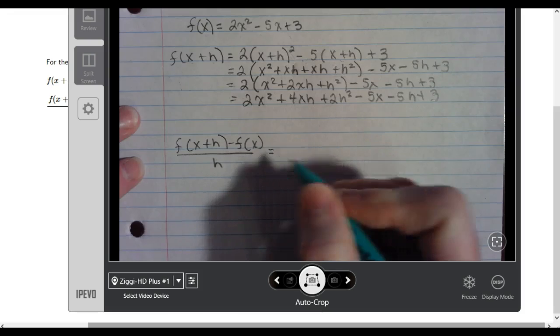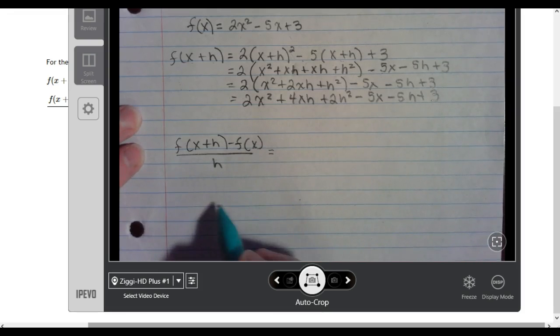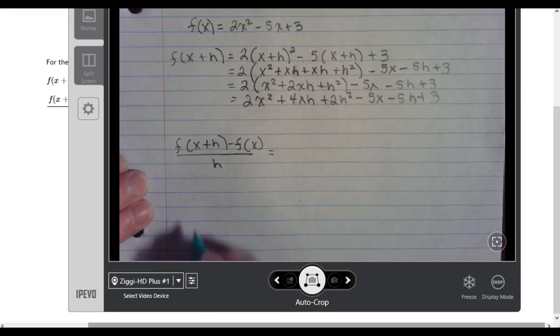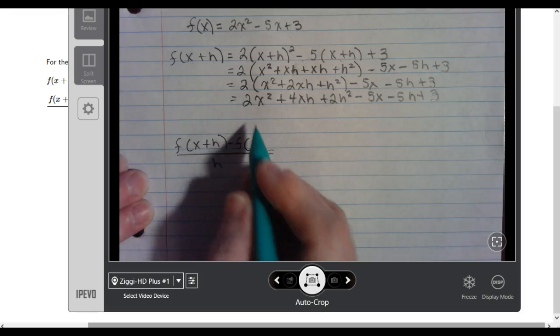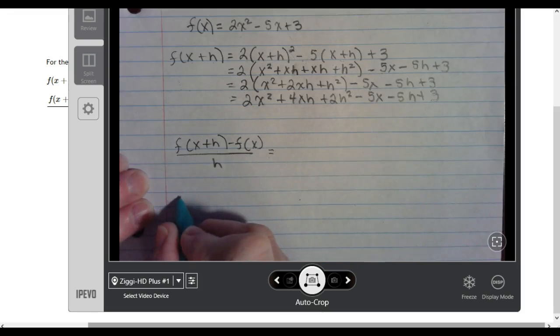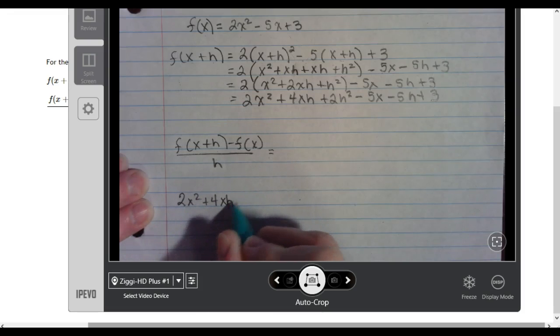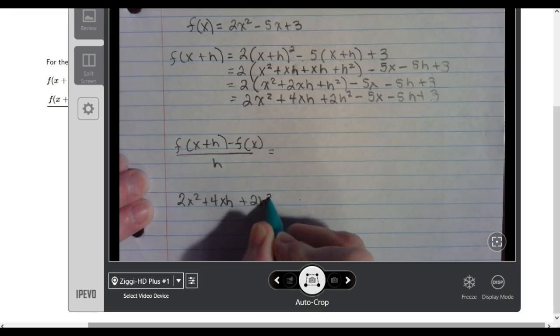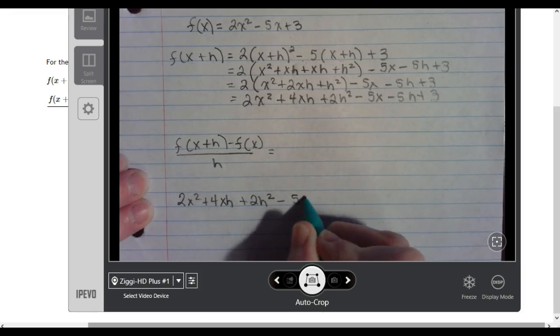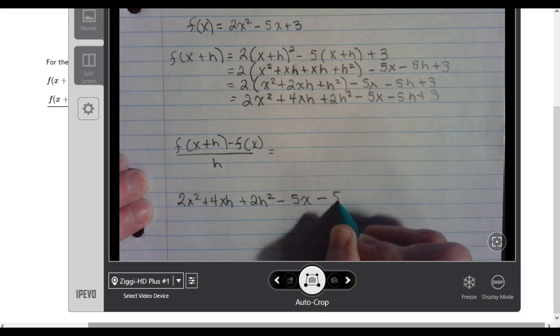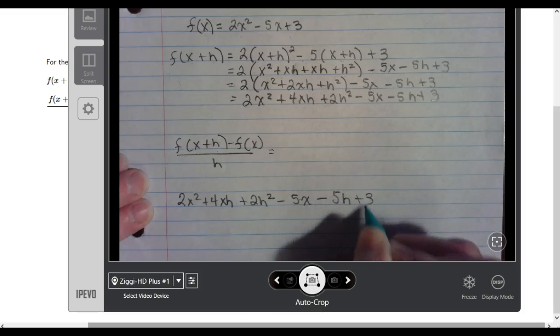We have equals, and I'm going to come down here so I have more room. So my f of x plus h is going to be all of this. So 2x squared plus 4xh plus 2h squared minus 5x minus 5h plus 3.